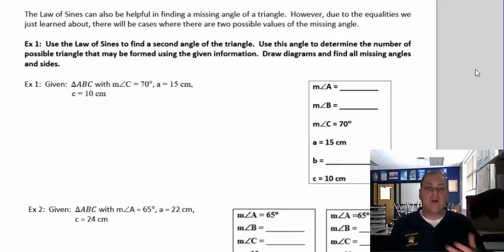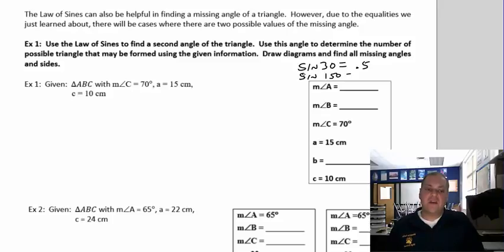When we go to find angles, we're going to have a little bit of uncertainty. There's going to be sometimes two possible answers, because let's say I get the sine of 30. The sine of 30 is 0.5, right? We know that. Well, that means the sine of 150 is also 0.5. So if I got 0.5 for a ratio, yes, my trig table is going to tell me 30. Yes, my calculator is going to tell me 30.